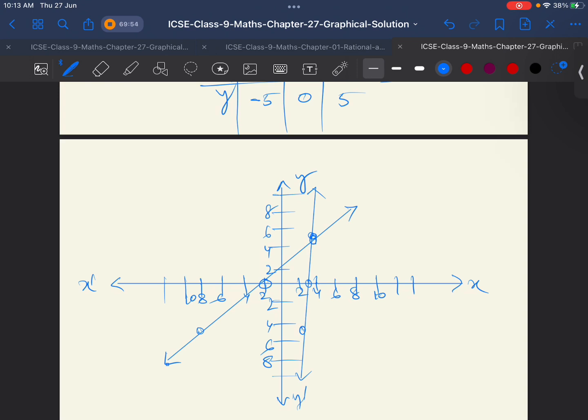Okay, so the coordinate of the point where the two lines intersect is the 4 5 point.